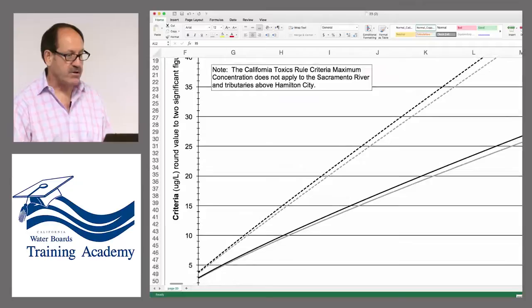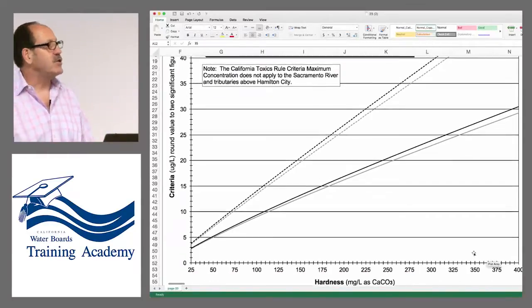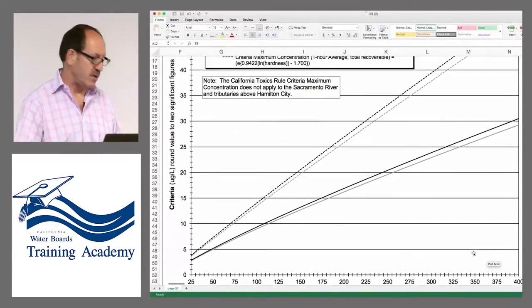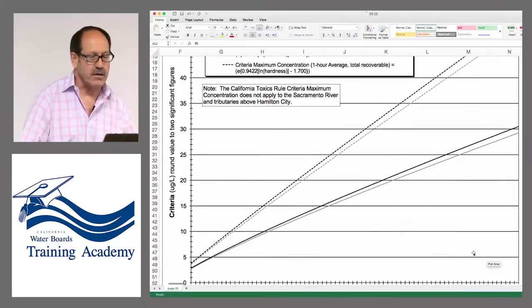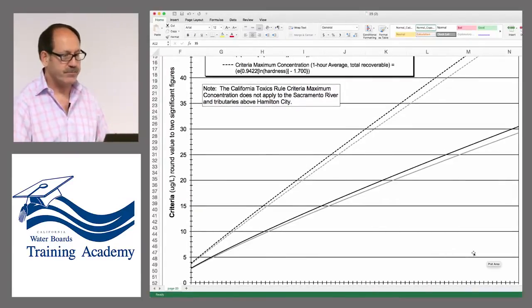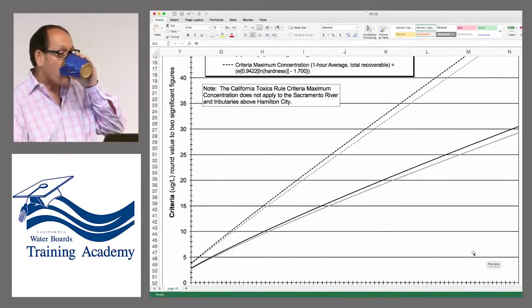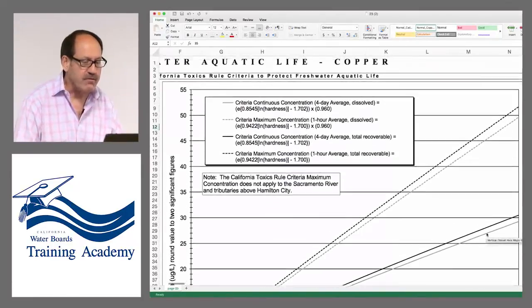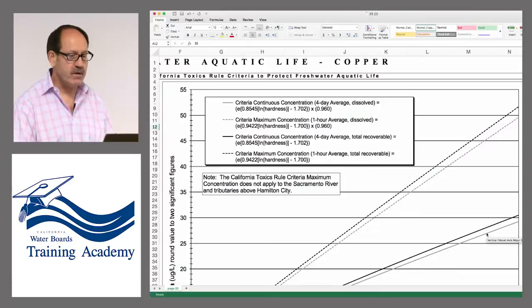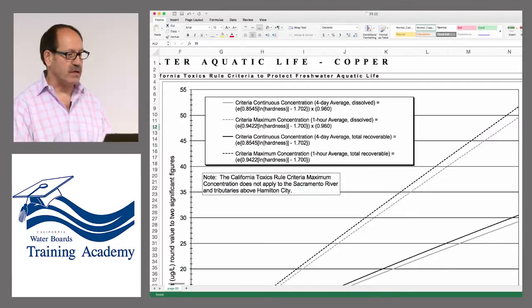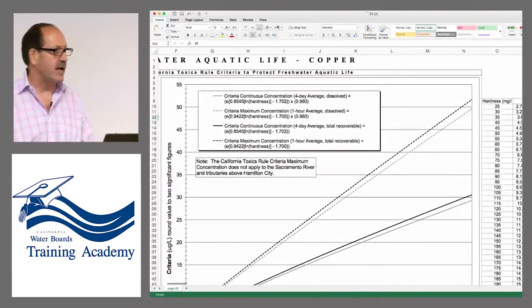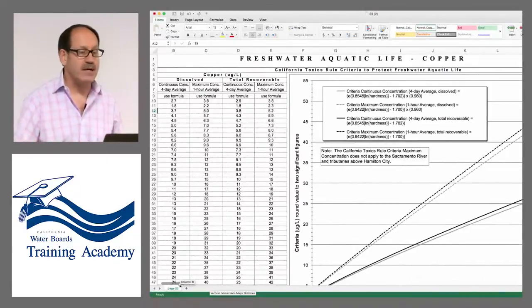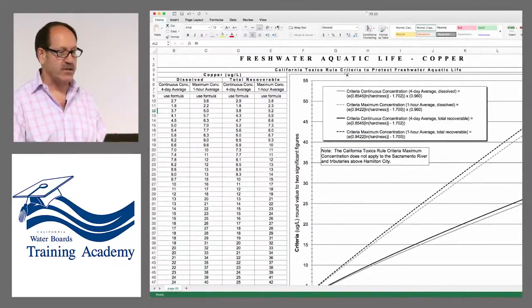And if there are some limitations on the use of the CTR or NTR criteria, I put those in a note. And then, as I mentioned, the formulas are at the top of the graph. And at the very top, it tells you whether you're looking at California Toxics Rule, National Toxics Rule, or EPA's recommended water quality criteria. That will be in the header.